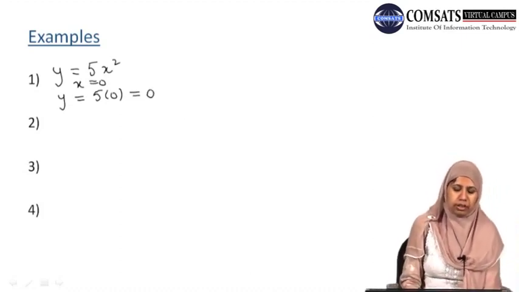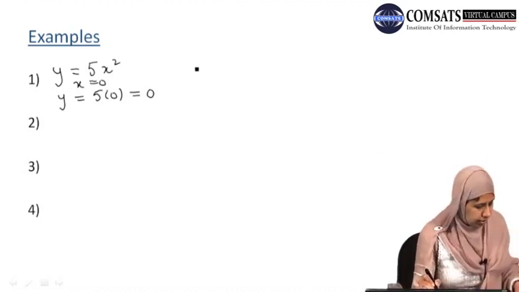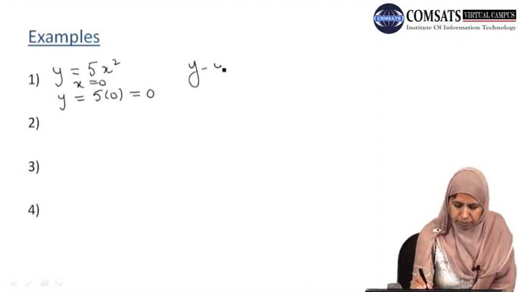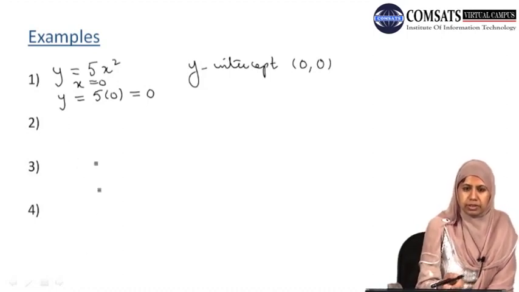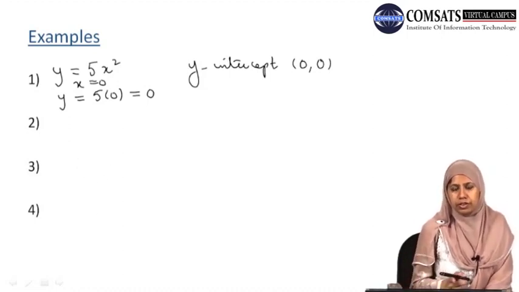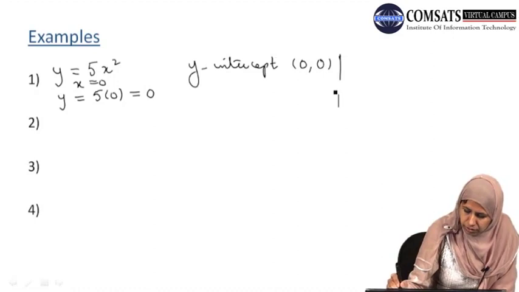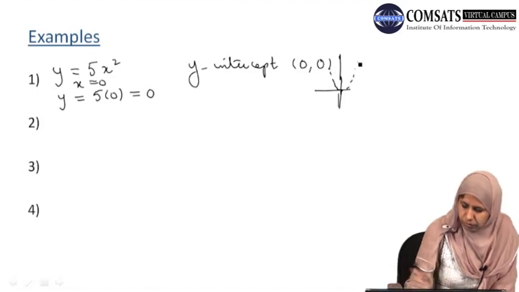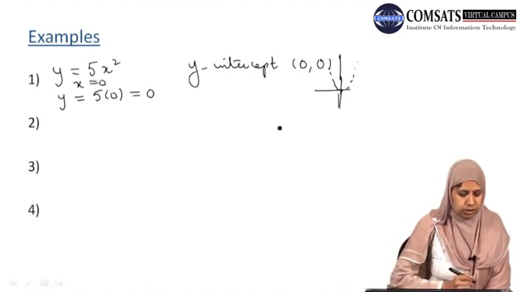So the value of y is also equals to 0. So in this case our y-intercept is x is definitely 0 and y is also 0. So the y-intercept is basically the origin. The graph crosses the y-axis at the origin. This is our graph, and it is intersecting the y-axis at the origin.